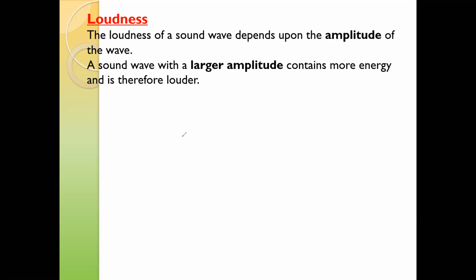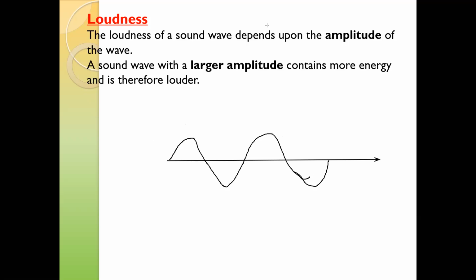So instead of drawing compression and rarefaction, how do we represent loudness? If we say this is representing a sound wave, and I want to draw a louder wave, a louder wave means it will have higher amplitude.